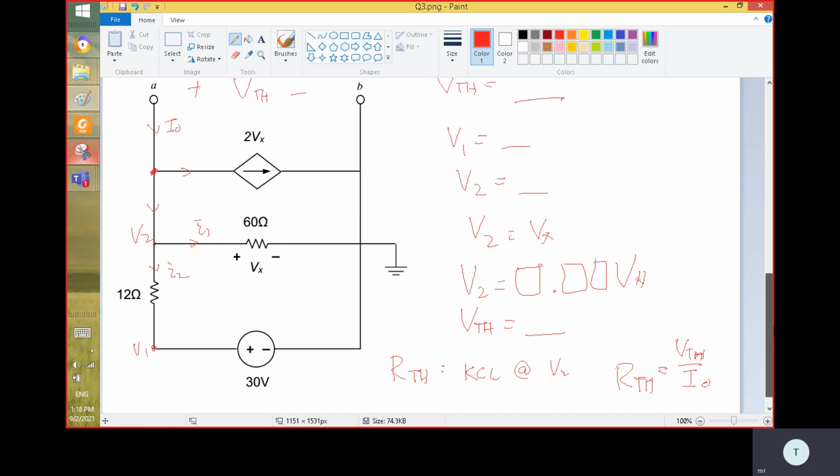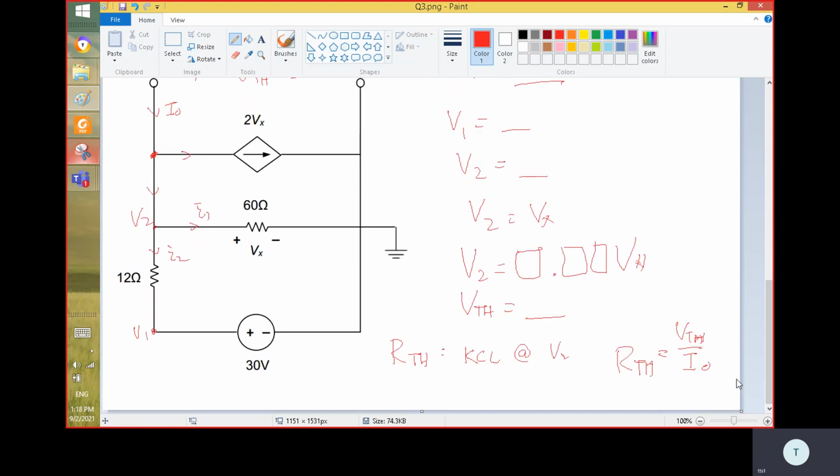All right. And for the RTH here, you need to use the KCL at this node here, V2. You need to use the KCL, the sum of all the currents at this node V2. This node is equal to this node here, since there is only one wire.